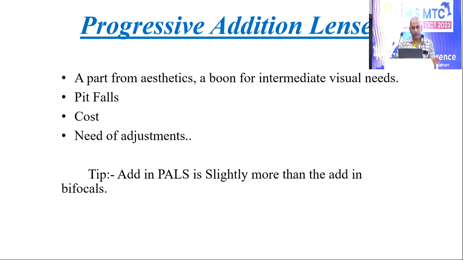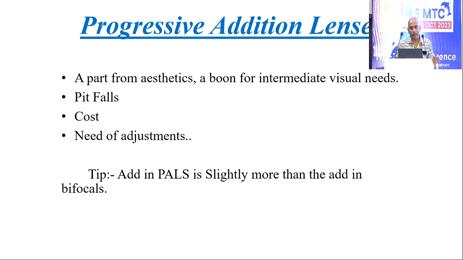So progressive addition lenses, apart from aesthetics, fill a void that is not treated by bifocals. That's the intermediate vision. But the pitfalls are cost and the need for adjustment. For example, if the patient is already using bifocals or has significant astigmatism, progressive addition lenses may require some time.